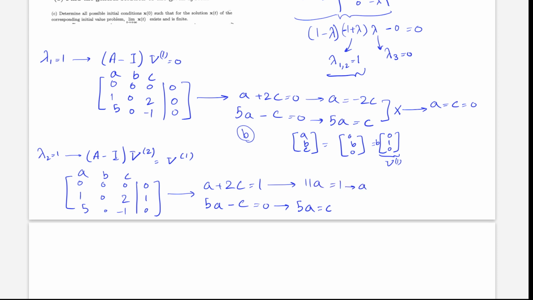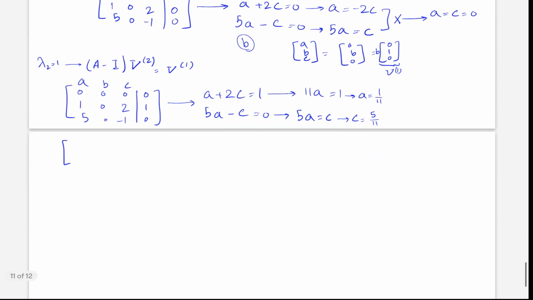So A is 1 over 11. Then C will be 5 over 11. And B is also a free variable, right? B can take anything. So A, B, C will be 1 over 11, B, 5 over 11. B can take anything.